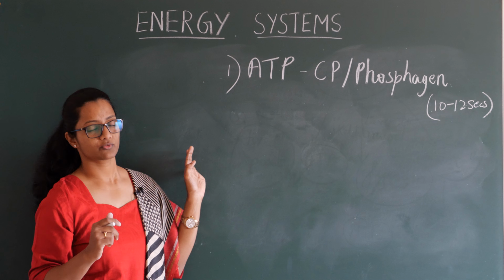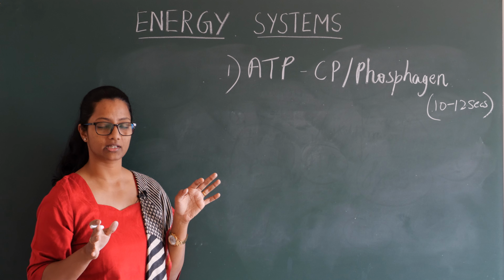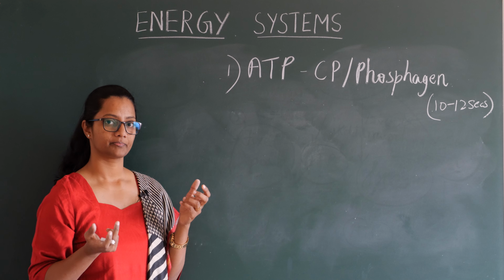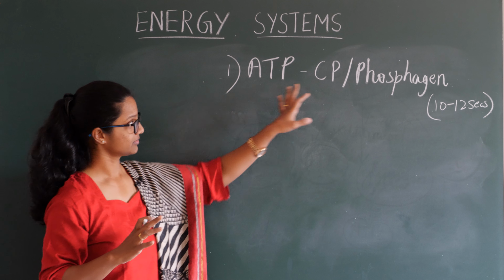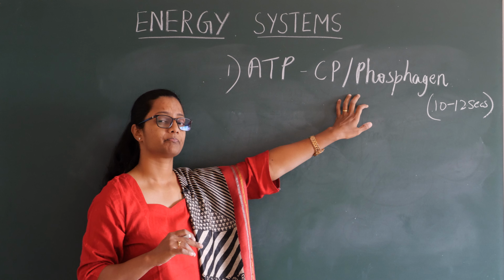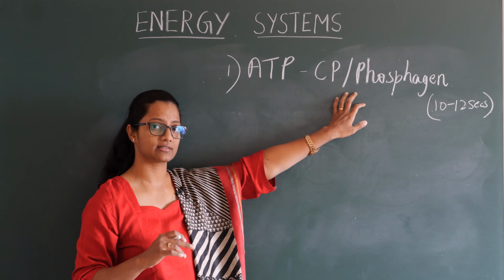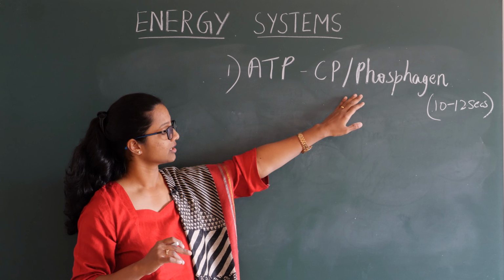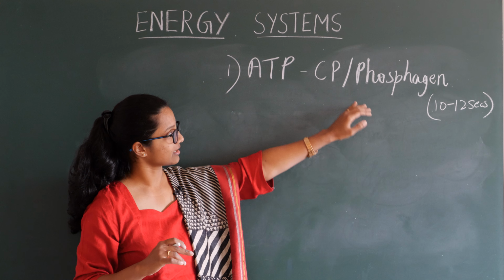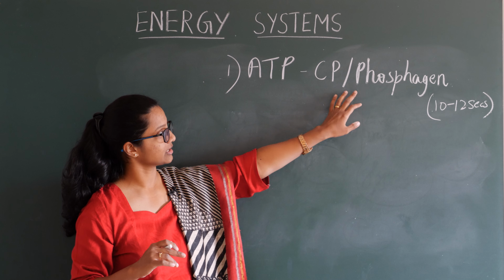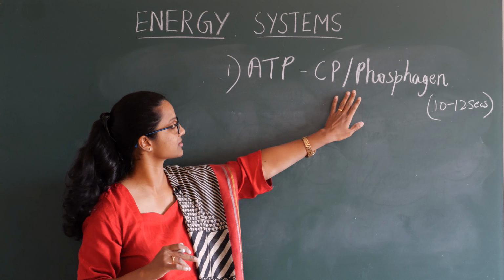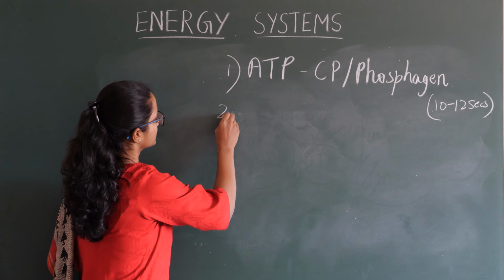Now this is just for our brief understanding of how the body produces energy and uses the different forms of energy when we do our exercises. In detail I will be talking about this and explaining the process and the metabolic pathways involved in each of these energy systems in my upcoming classes.